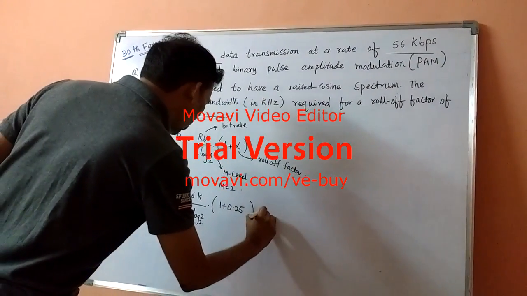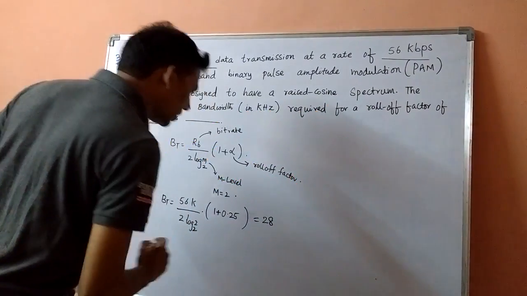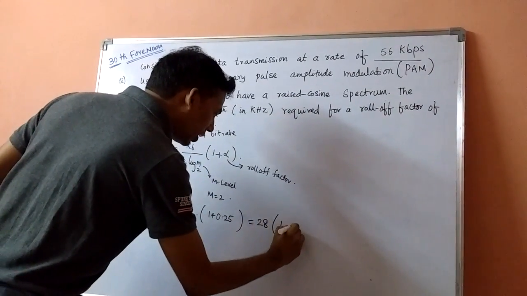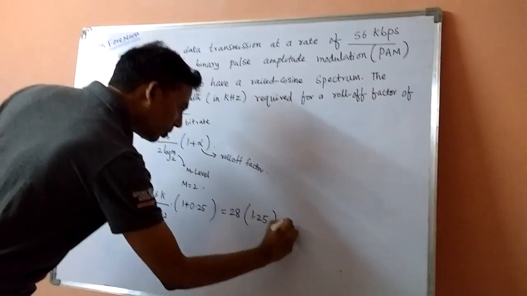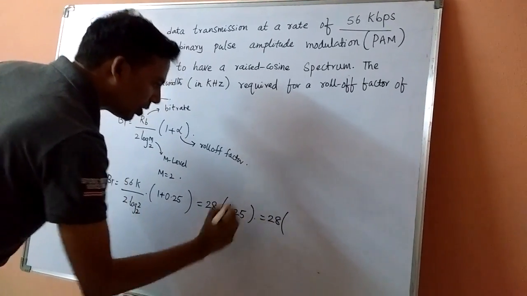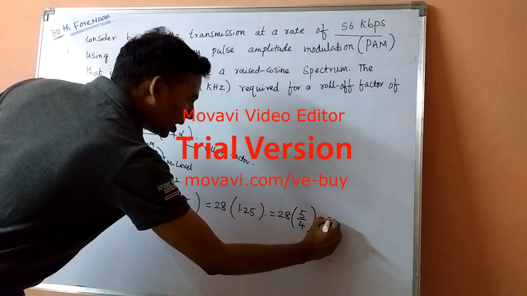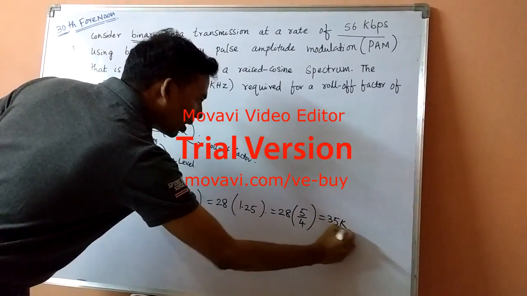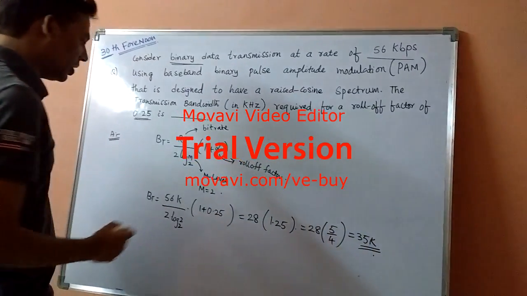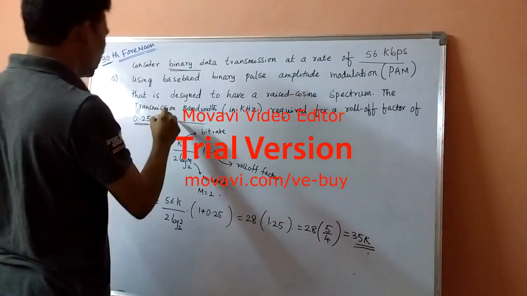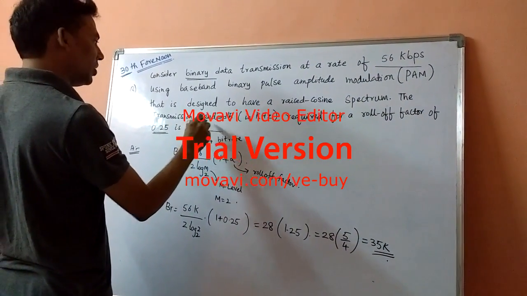This is equal to 28 into 1.25, which is 28 into 5/4, which is 35 kilohertz. So the answer is 35.